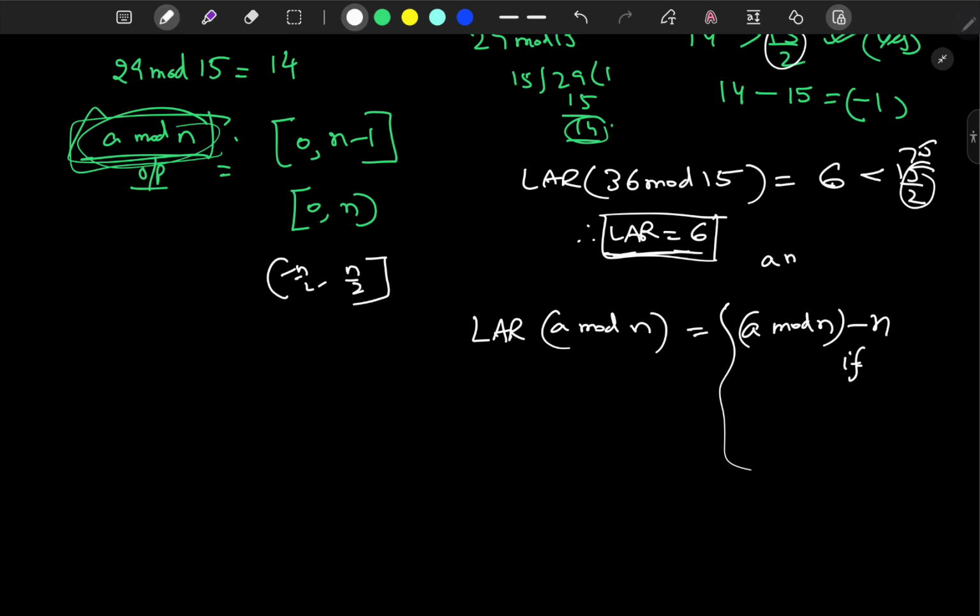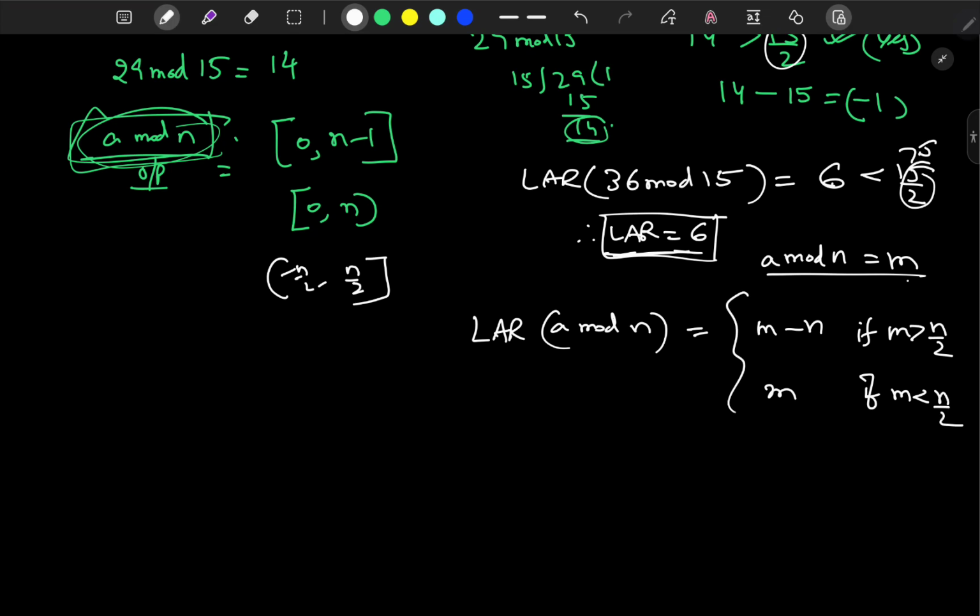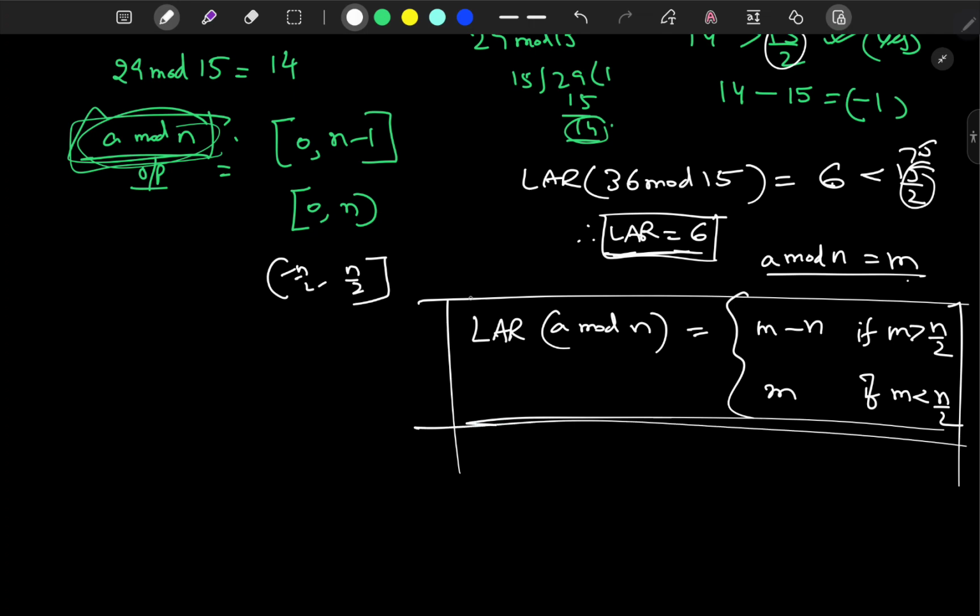Let's call the value of a mod n some m. Then the value will become m minus n if m is greater than n by 2, or m only if m is less than n by 2. This is how you have to calculate, and this is what you have to remember. Okay, go to the next concept.